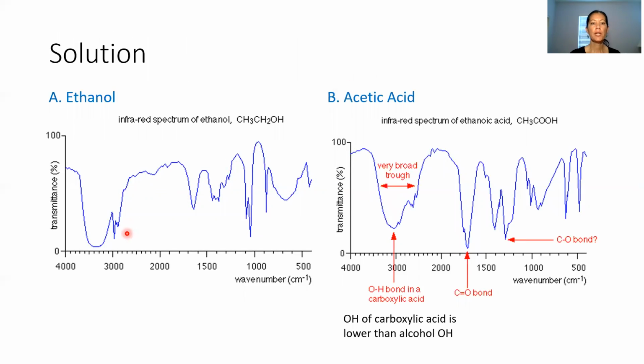Okay, hopefully you picked ethanol as the left one. Both of these have OHs, right? So you should see this broad OH well, and both of them have it. You might have noted that the one for the acetic acid, which is B, is slightly lower, closer to 3000 versus closer to 3500 in the ethanol.